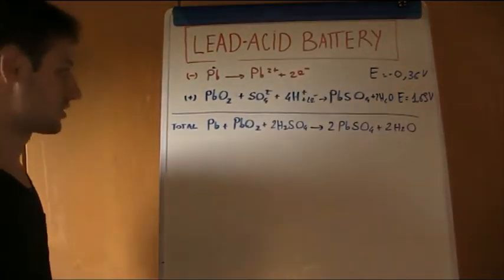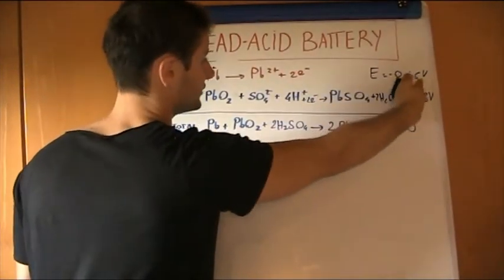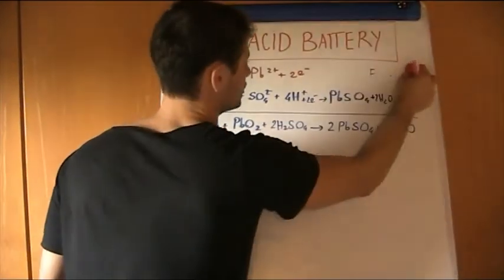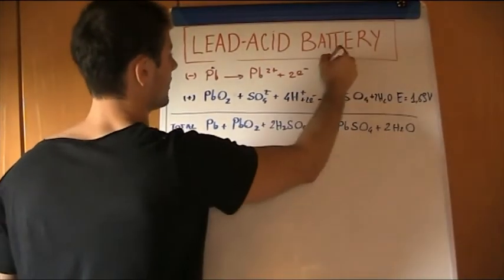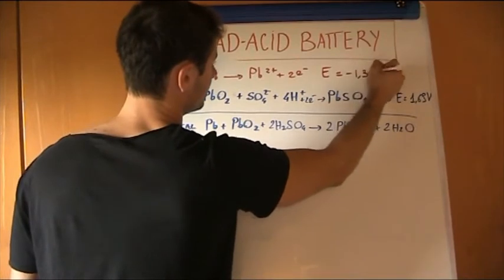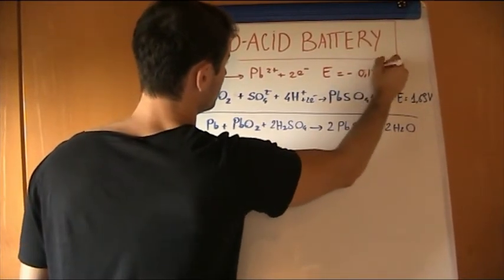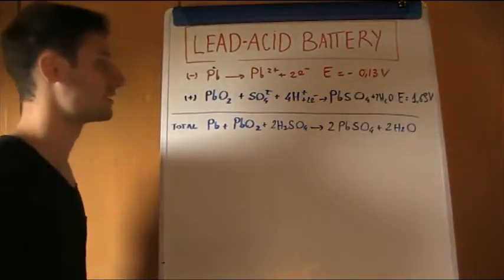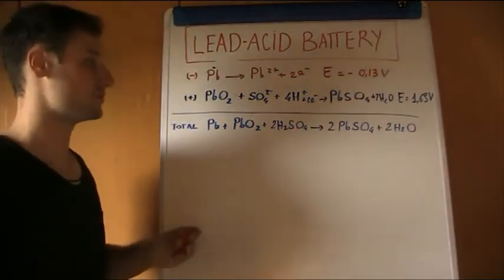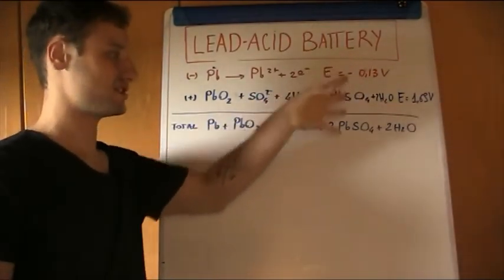And this reaction is not associated anymore with this reduction potential, but with a higher one, minus 0.13 volt, with respect to minus 0.36. So it's higher, it's less negative.